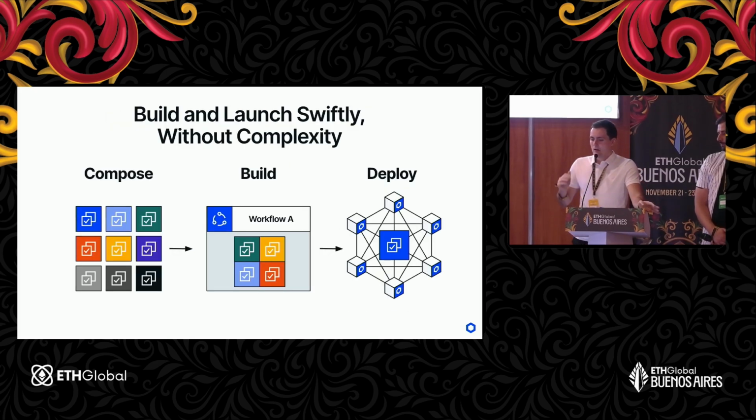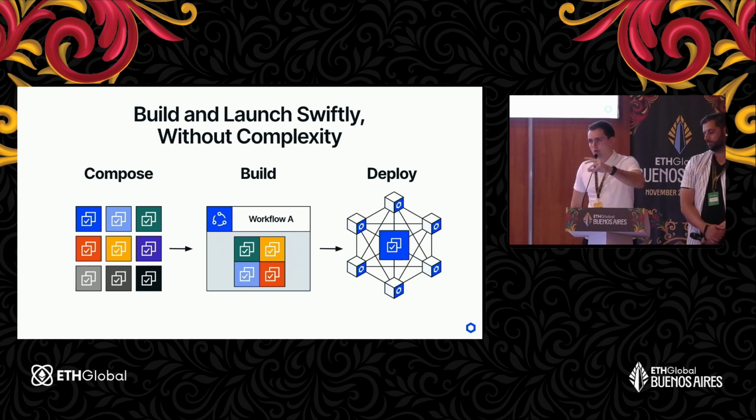And then, as I said, we use those capabilities to develop a workflow. Your project can have multiple workflows as well. It's totally up to you how you want to develop them. Then we deploy that to Chainlink to be executed off-chain and connected to on-chain smart contracts.